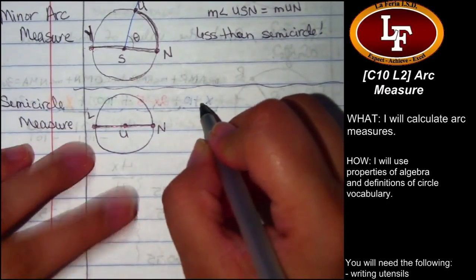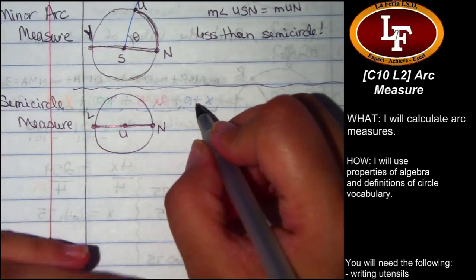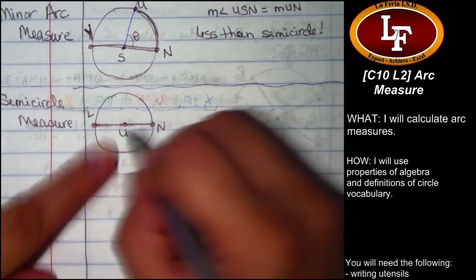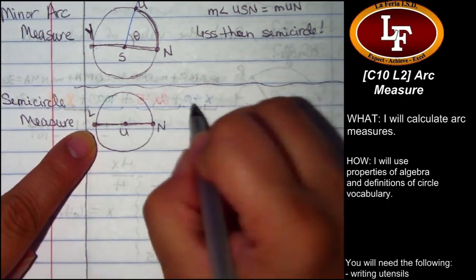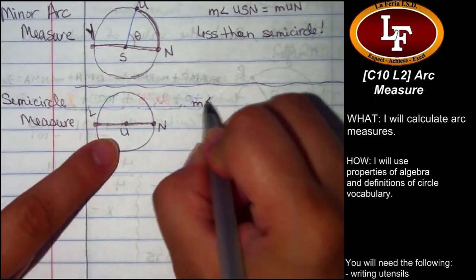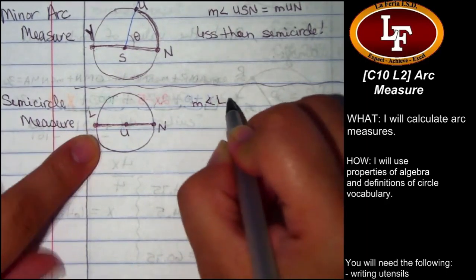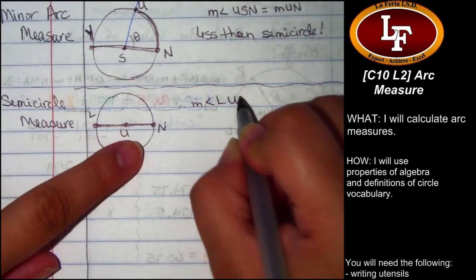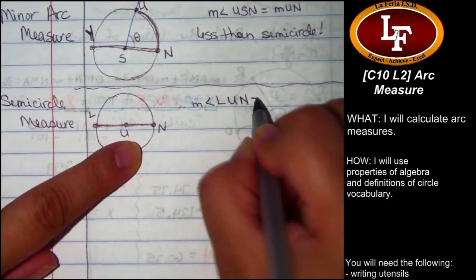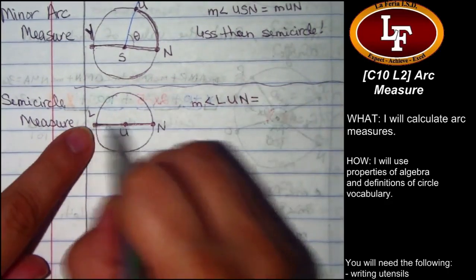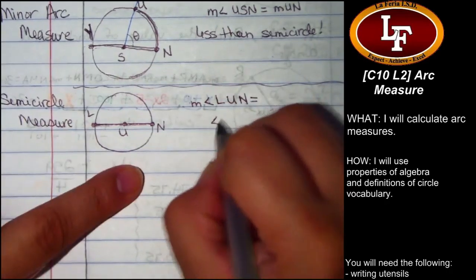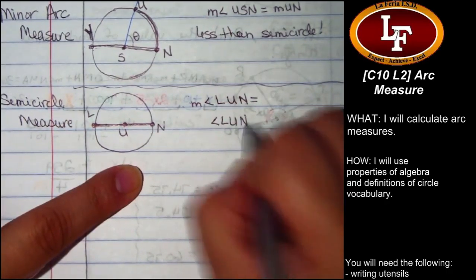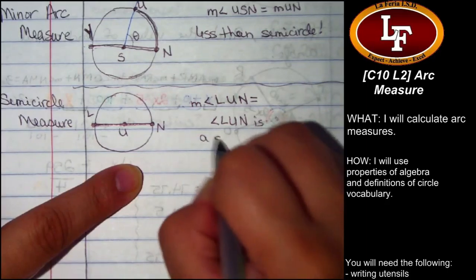But arcs aren't measured off of lines, they're measured off of central angles. So what is the angle that is creating this diameter? This is angle L, vertex U, other end N. This angle is a straight line, a straight angle. So angle LUN is a straight angle.